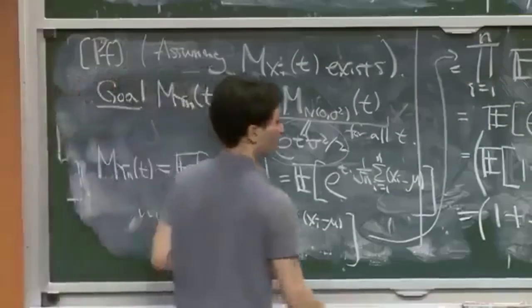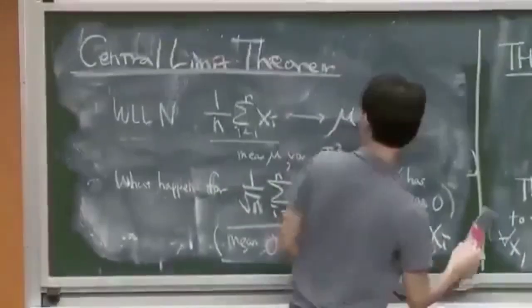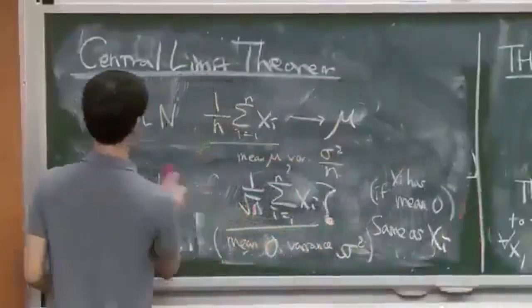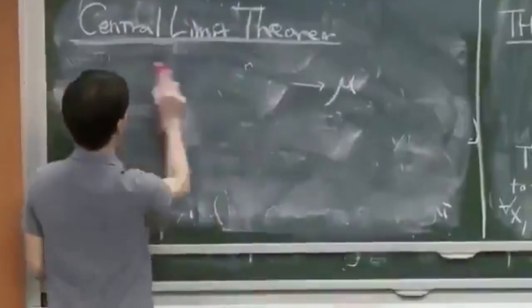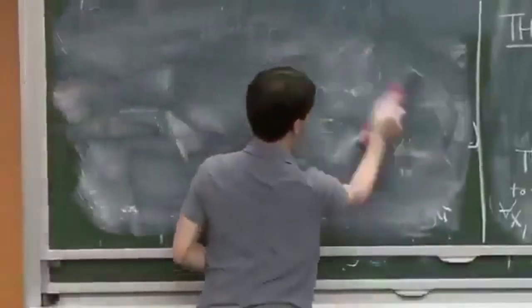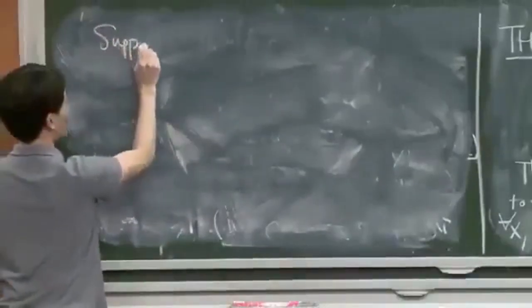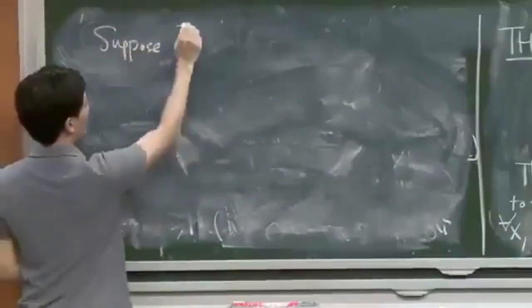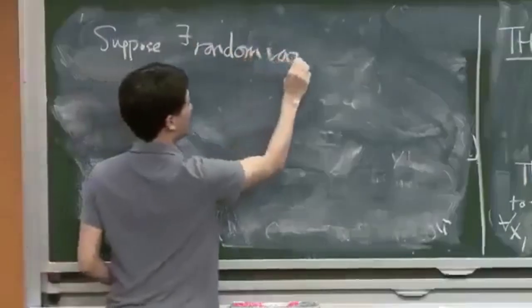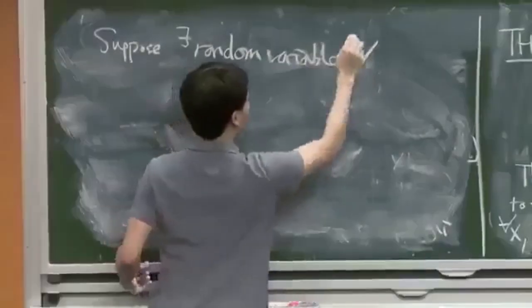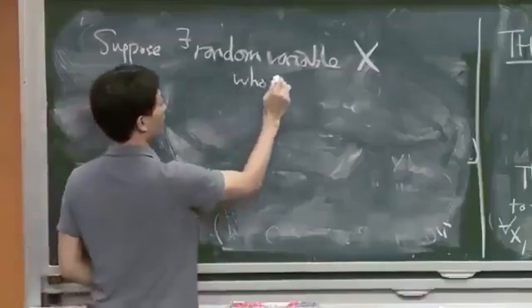Okay. I'll make one final remark. So suppose there is a random variable X whose mean we do not know, whose mean is unknown.